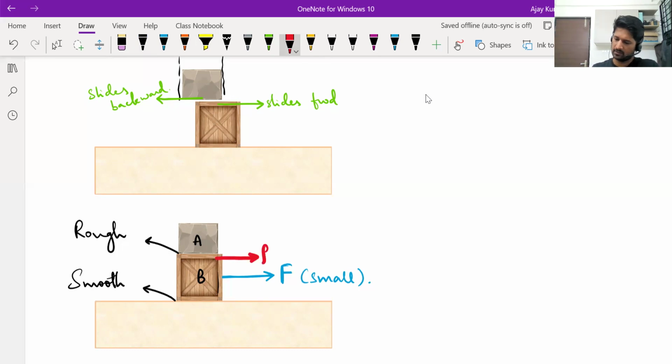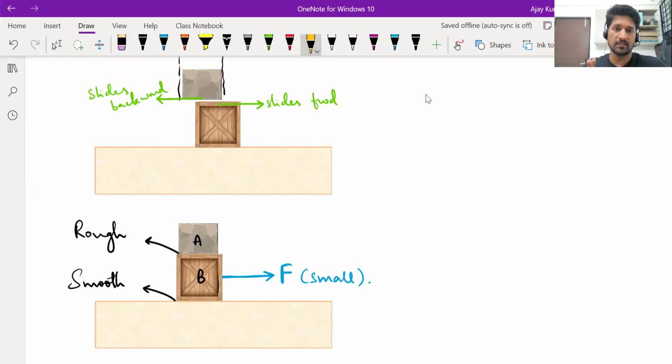Then if friction acts on block B towards right, then on block A it should act towards left. Action, reaction. Yes or no? Sir, on block A, friction act towards right, sir. Okay. And on B? Towards left. Towards left. Correct.